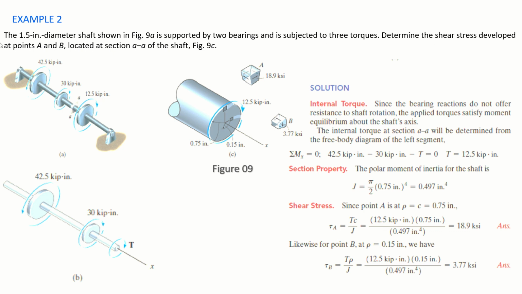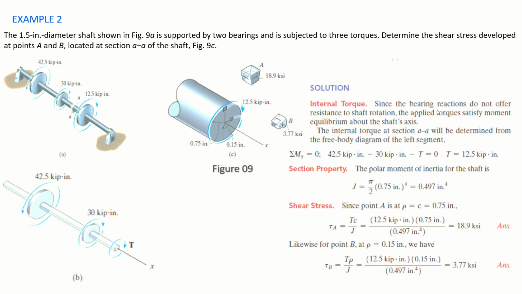Determine the shear stress developed at points A and B, located at section AA of the shaft in figure C. So this is your figure C, right? And you have to determine the stresses.